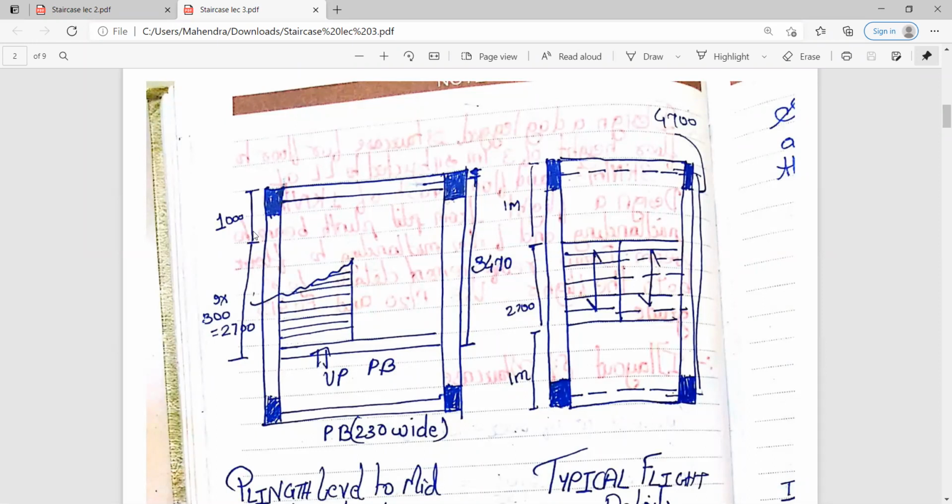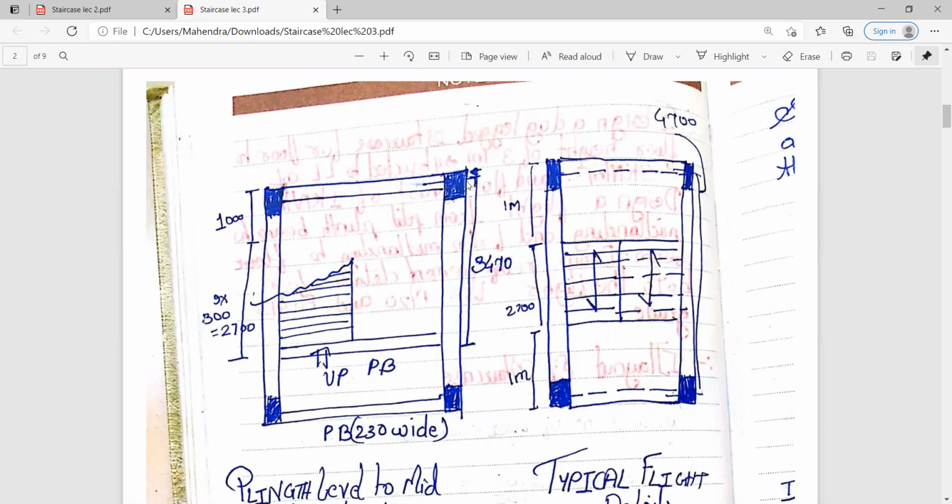1000 is nothing but the distance of the landing and mid landing. जो हमने 1 meter assume किया था, we had converted it in mm. So this is your distance of landing and mid landing, that is 1000. Now यहाँ पे जो ये बीम शो किए हैं that is of the size 230 mm. So L effective for this particular flight will be the distance from here up till here, यहाँ से लेके यहाँ तक का center तक का distance.